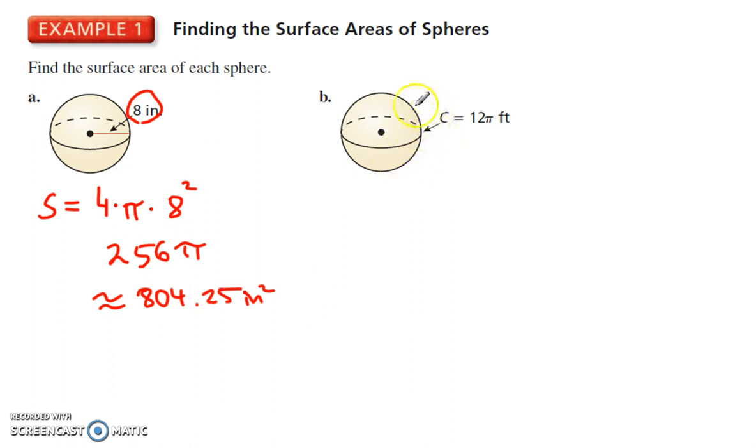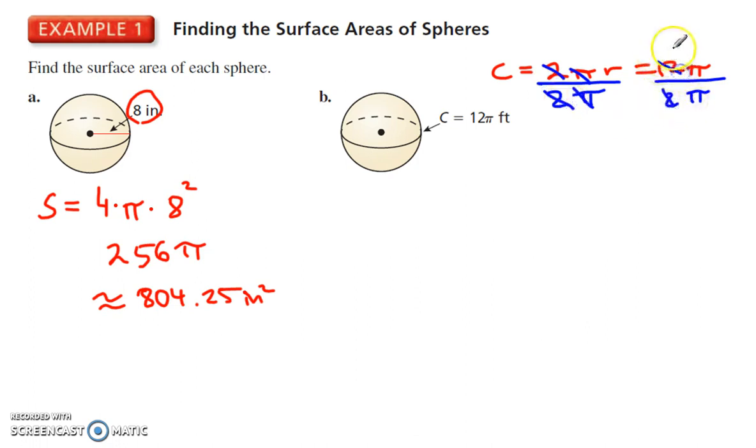All right, now if we know the circumference, we would have to first find the radius. Remember, circumference is 2 pi r. So if 2 pi r is equal to 12 pi, well, then we can divide each side by pi, cancel that out, divide by 2, cancel out the 2, and we are left with 6.